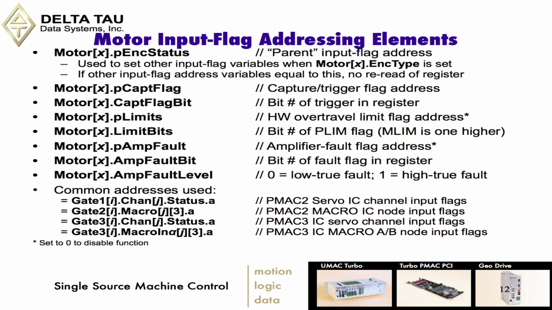So some of the common values used are the channel number status register pointers. It's important to get the bit number right. If you use the standard channel status register, then you've got to make sure you get the bit numbers right. But again, the firmware is going to automatically set those up for you.